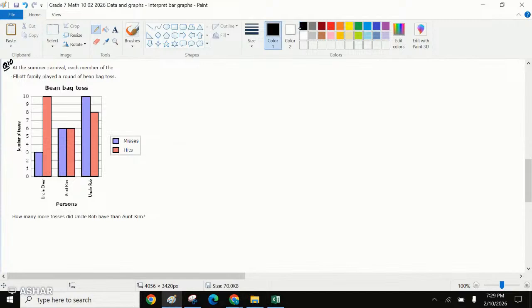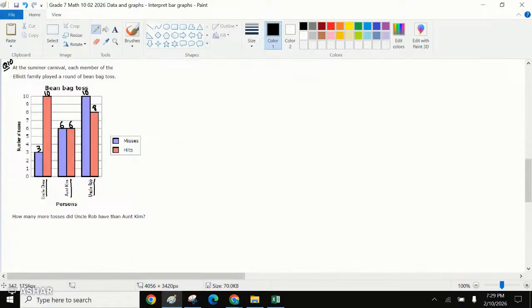Okay. So we can find the number of misses by Uncle Drew. Uncle Drew missed 3 times and he hit 10 times. Aunt Kim misses 6 times and she also hits 6 times. Uncle Rob misses 10 times and he hits 8 times.